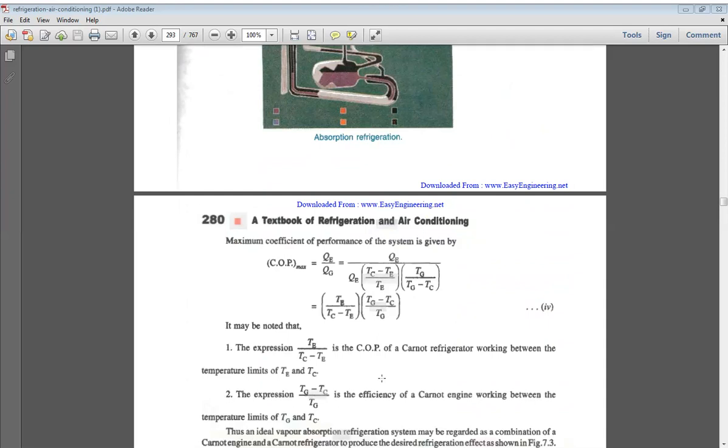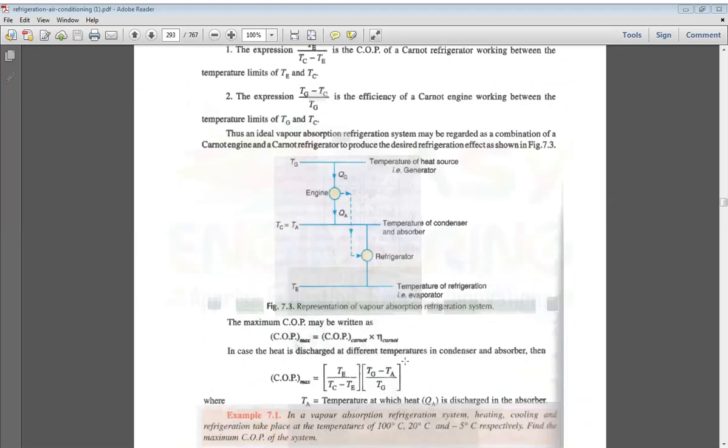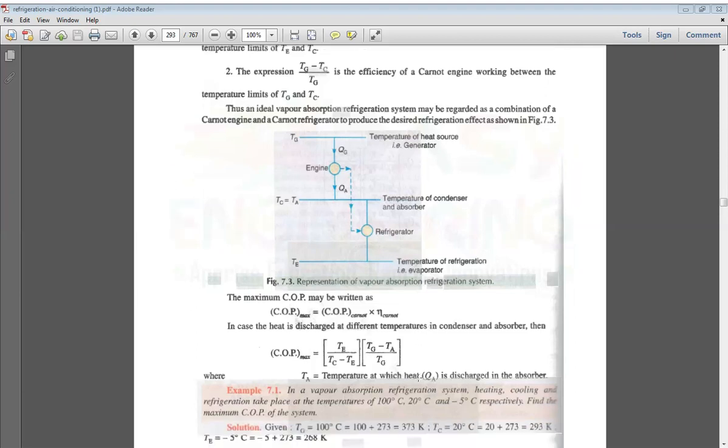The COP of the vapor absorption refrigeration system depends upon all these considerations. That is, the COP of the vapor absorption refrigeration system is equal to the COP of the Carnot cycle times the efficiency of the Carnot cycle, considering the temperature limits or heat values based on the generator, evaporator, and the condenser only. So this is very simple, and it considers all the things.